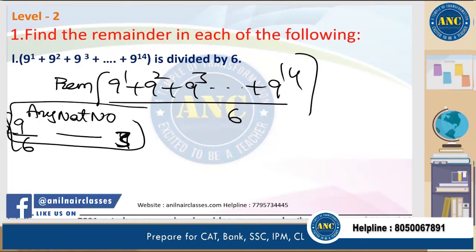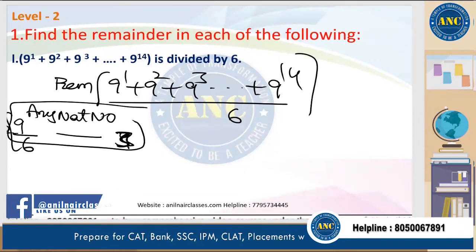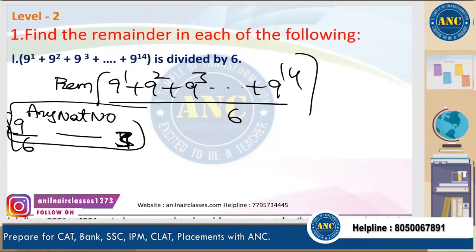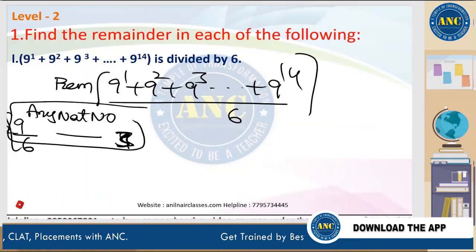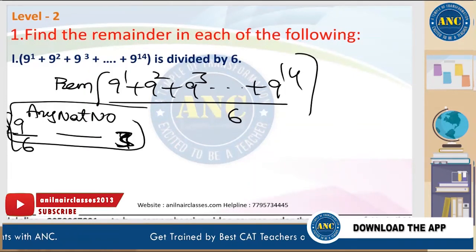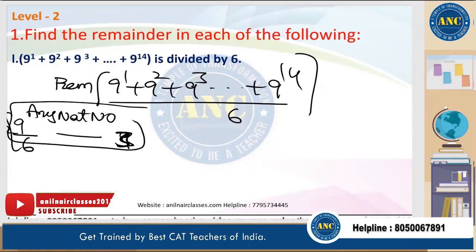Am I right? Please check it out. 9 divided by 6 is 6 ones are 6, remainder 3.